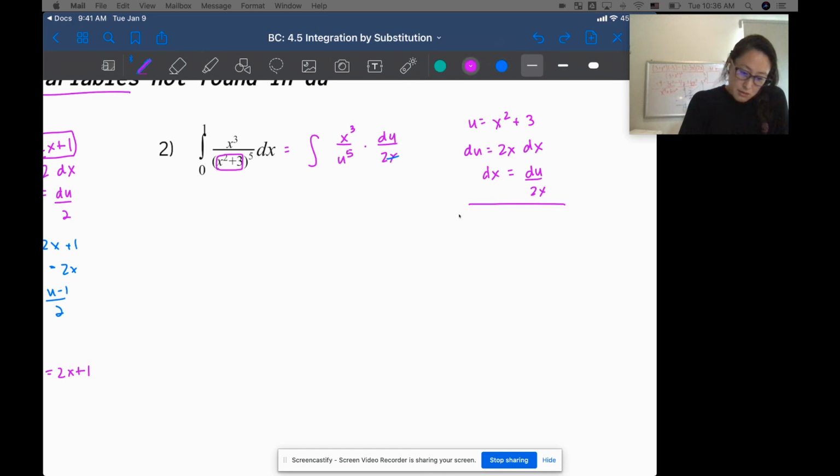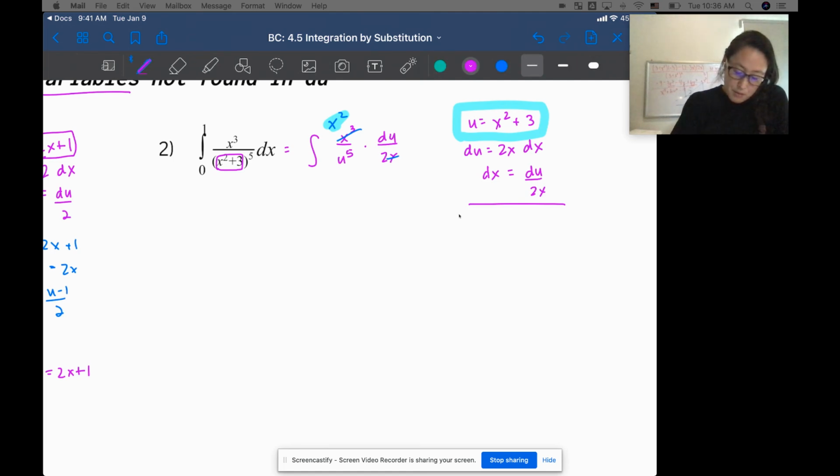So actually, let's do, okay. So what I'm going to have to do is replace the x squared by solving for x squared in this equation.